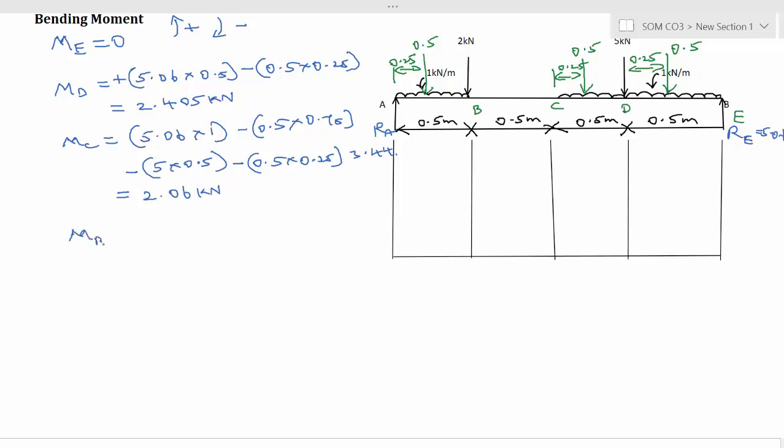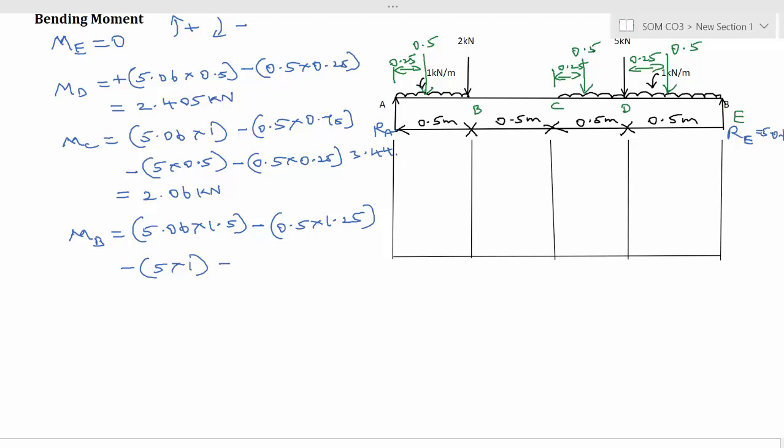Then consider the point B. So MB is equal to, start from the reaction, 5.06 into the distance, which is 1.5. Then minus 0.5 into the distance, which is 0.5 plus 0.5, 1.25. Then minus 5, the point load, into the distance of 1 meter.